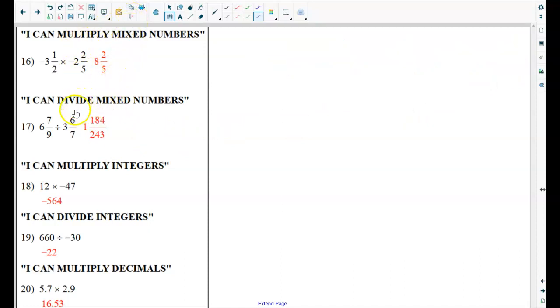Next, I can divide mixed numbers. It should be the same with that little trick in the middle, right? Keep, change, flip. So let's go ahead and Texas tornado this bad boy. 54, 61. I won't do too much too fast. 21, 27. Okay. Now we can keep, change, flip. Right. Change it to multiplication. Flip.